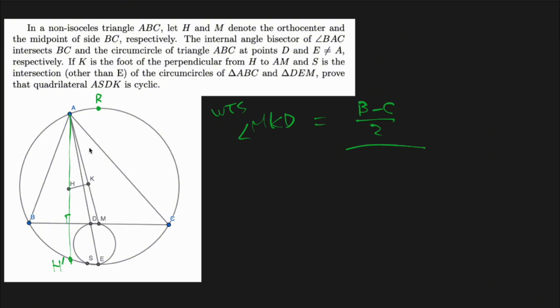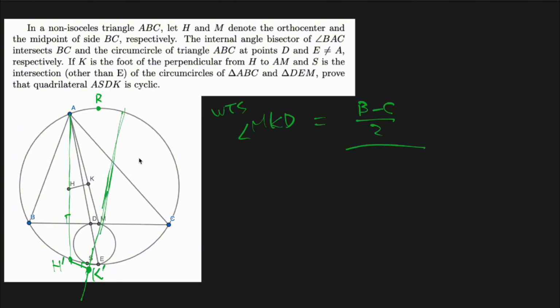K is, as we defined it, the foot of perpendicular from H to AM. And so now K prime will be the foot of perpendicular from H prime to the image of AM. The image of AM should just be a symmetrical line that looks something like that. And so if we drop a perpendicular from H down here, we know that this is K prime.